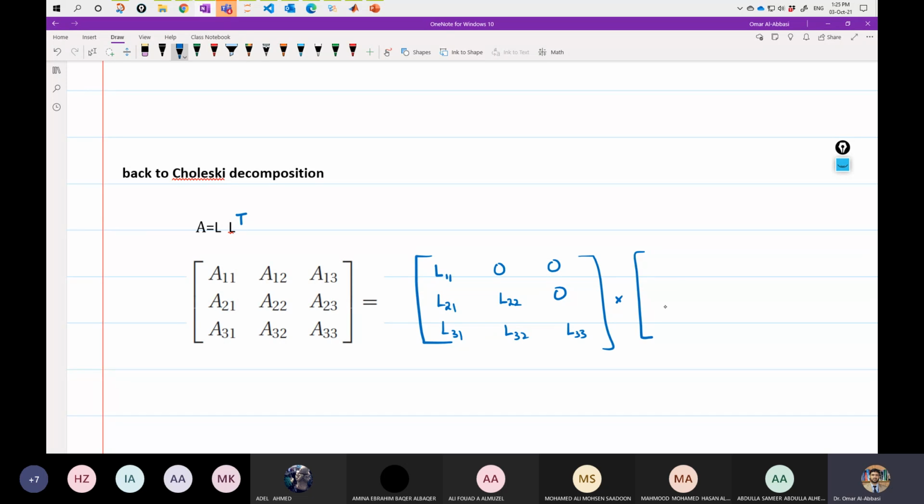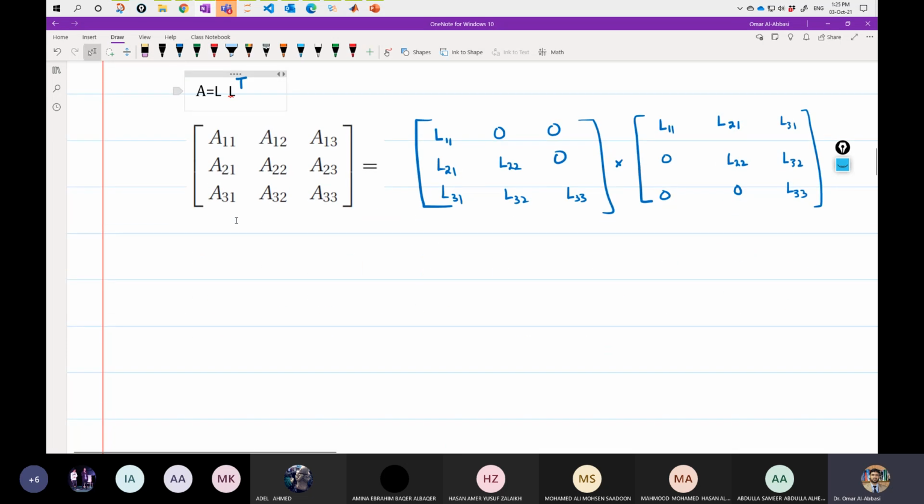Take the first row, make it a column: L11, 0, and 0. Take the second row, make it a column: L21, L22, and 0. And finally, the third row, make it the third column: L31, L32, L33.